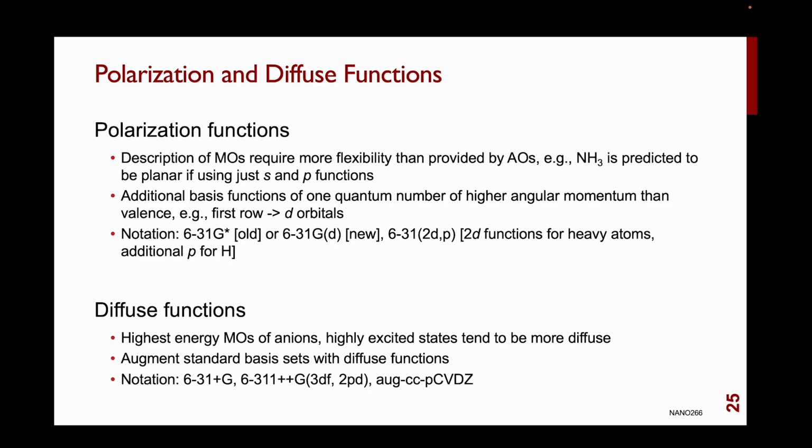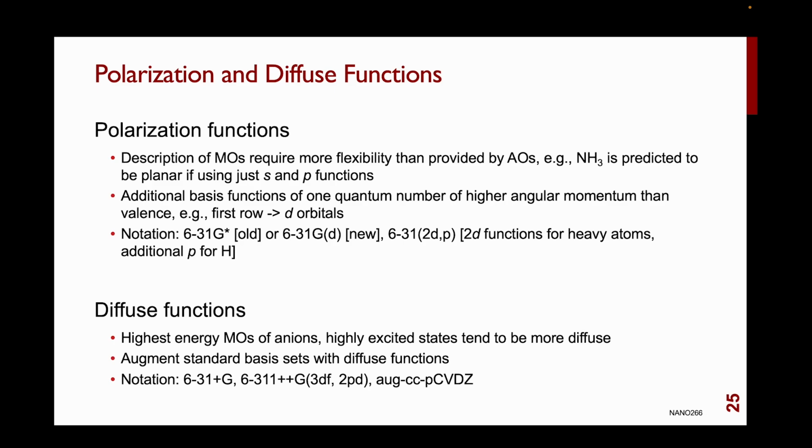Now, this is actually very, very important, okay? Polarization functions are basically functions that you add to your atomic orbitals to give them even more flexibility, right? Very often your molecular orbitals require more flexibility than just what your atomic orbitals can give.